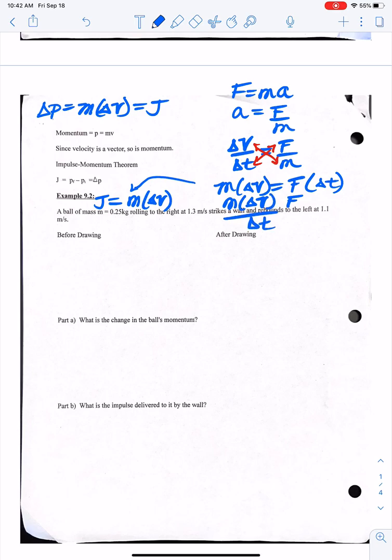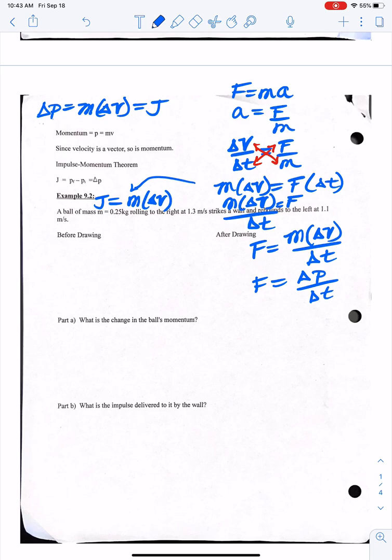If I divide both sides by delta T, I now have that expression for F. I'll rewrite it one more time because this is getting kind of crazy over here. We can also sub in that delta P on top.